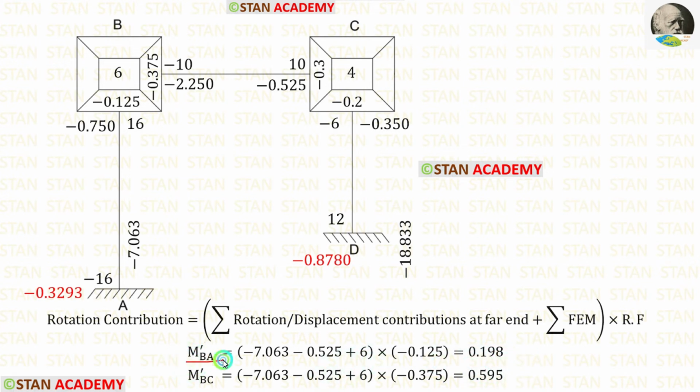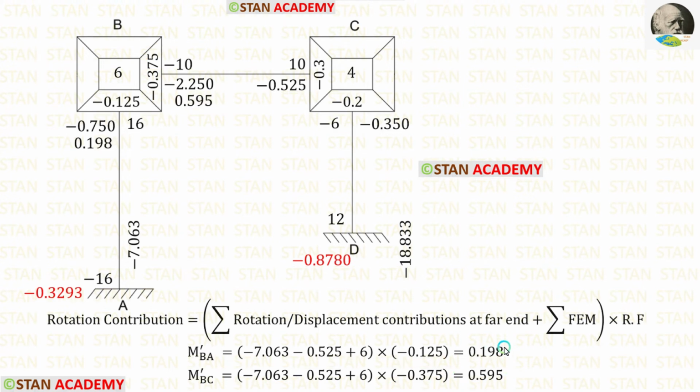For M dash BA and M dash BC, all of the values will be the same except the rotation factor. The rotation factor for BC is minus 0.375. Finally, for M dash BC, we are getting 0.595. Let us apply the values of M dash BA and M dash BC.